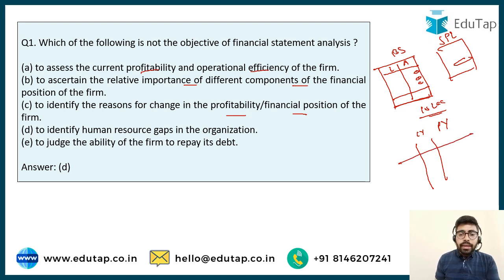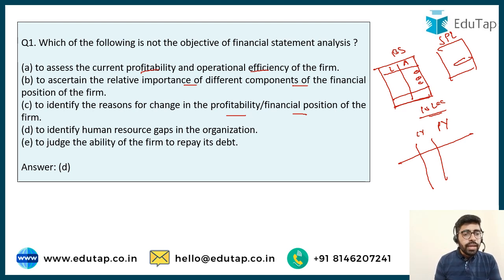So you can easily get to know how much change is there in the profits or the financial position of the firm, and if there is substantial change, you can take a look at the reasons for this particular substantial change. For example, you get to know that the profits have declined substantially, and then you look at the sale figure and you get to know, okay, the sales have also declined considerably, and decline in sales is the reason behind the decline in profits.